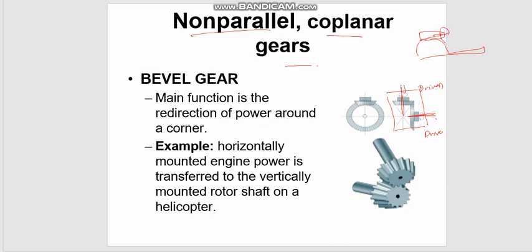Rotation is in this direction, but it transfers its power to spin the helicopter blade on the top in this direction. So basically this is the redirection of power at almost 90 degrees. So that's an example of the coplanar gears and its application.